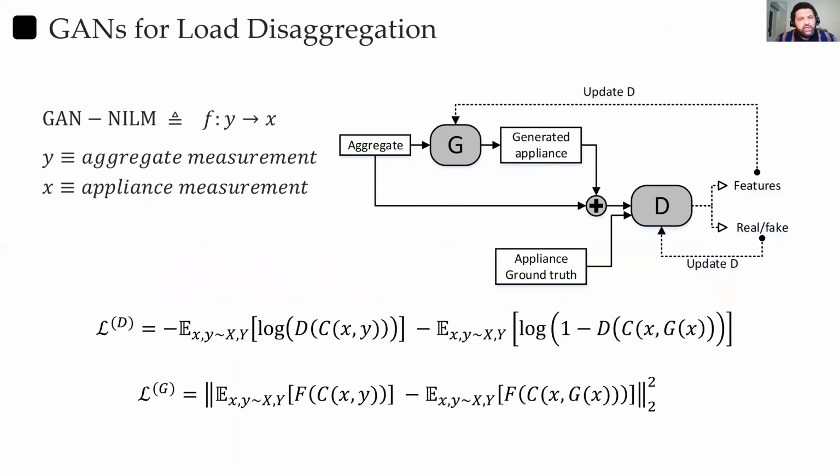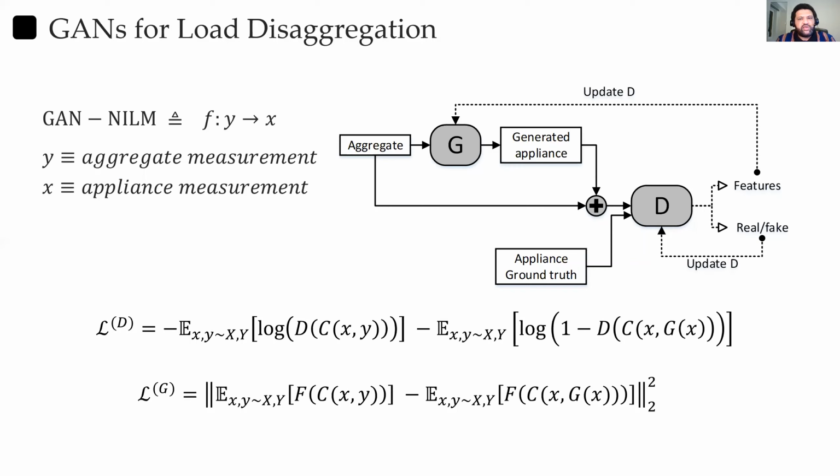To solve NILM, we built our models based on the GAN framework. Our GAN-NILM generator takes the smart meter measurement as input and tries to generate an appliance level measurement. This generated appliance signal is introduced to a discriminator, which has access to the appliance ground truth and tries to figure out if this generated sample is real or not.